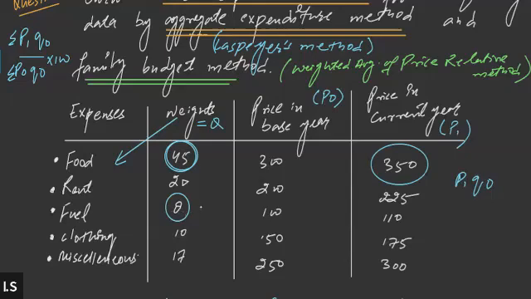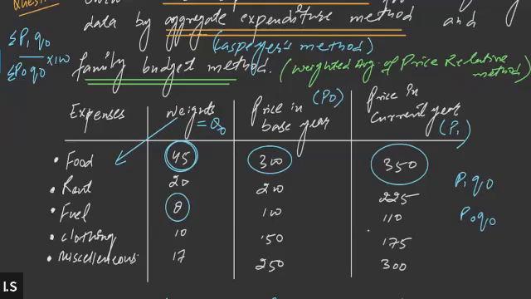This is how you are going to find it. Clear? Yes, sir. Then for the denominator, we have to find P0 Q0. For that we will multiply the price of the base year with the quantity, and this quantity will be treated as Q0.